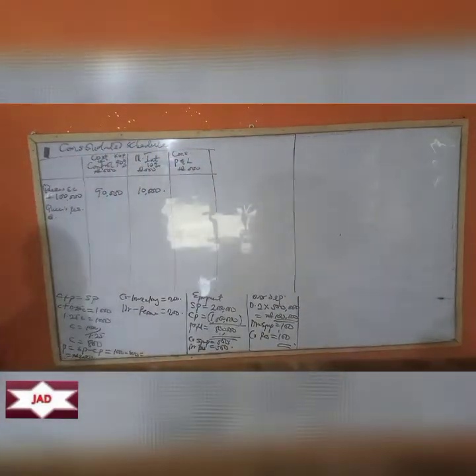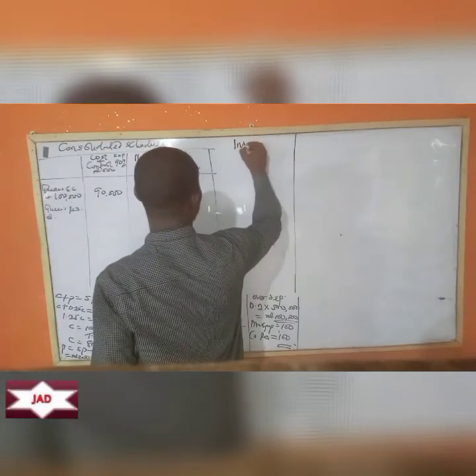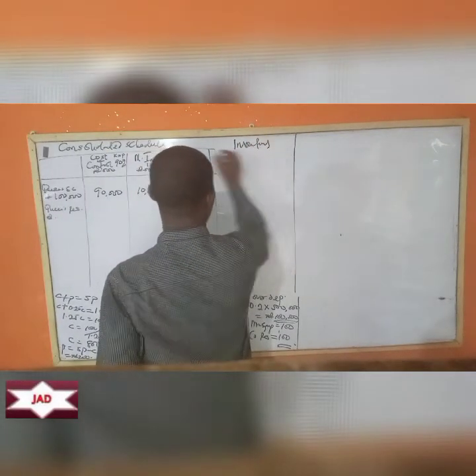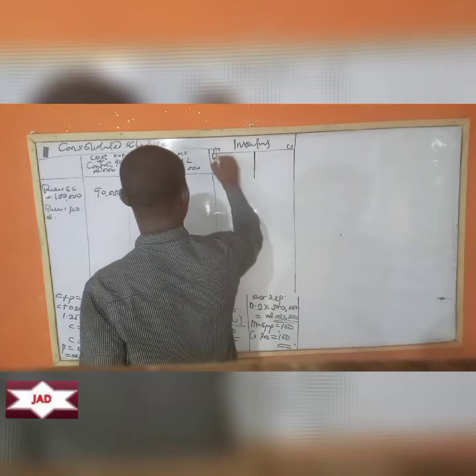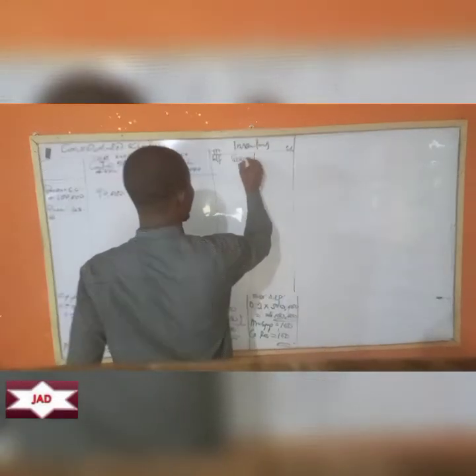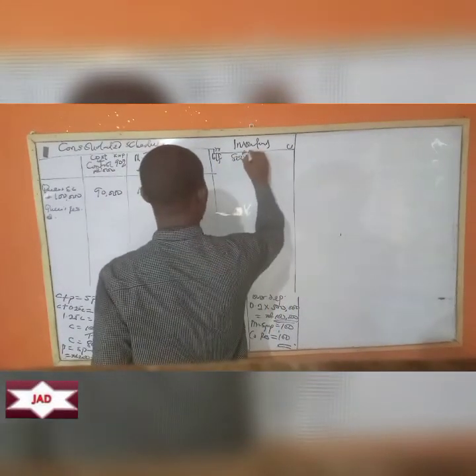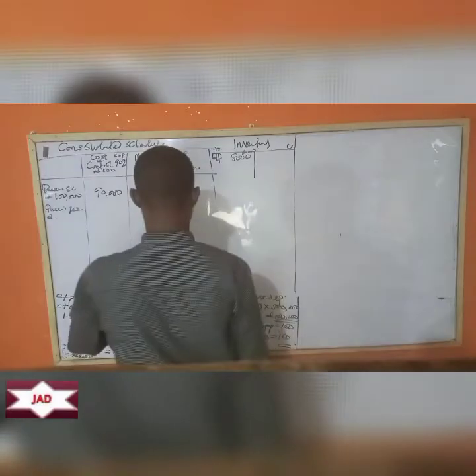What's the first thing there? We have inventory, which can also mean stock. Inventory has the debit balance. So balance brought forward. From the question, what's the inventory of the subsidiary? 8,000. So we're adjusting 200.